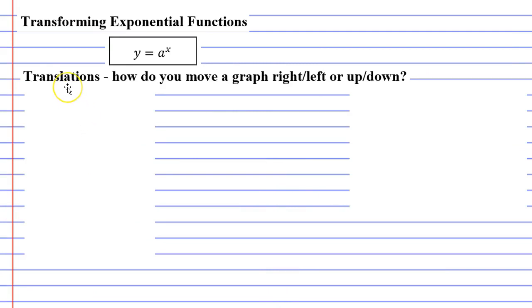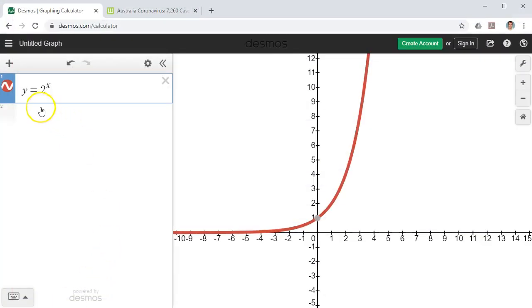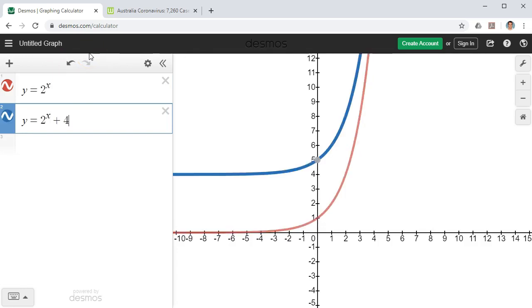All right, let's move on to our next transformation. This is called a translation, and this is all about moving the graph left, right, up, or down. So we'll bring up Desmos, and I have a very basic exponential function, y equals 2 to the power of x. Let's say I just want to move this up 4 places. It's really easy. All I need to do is copy down the exact same equation and just add 4 at the end of it.